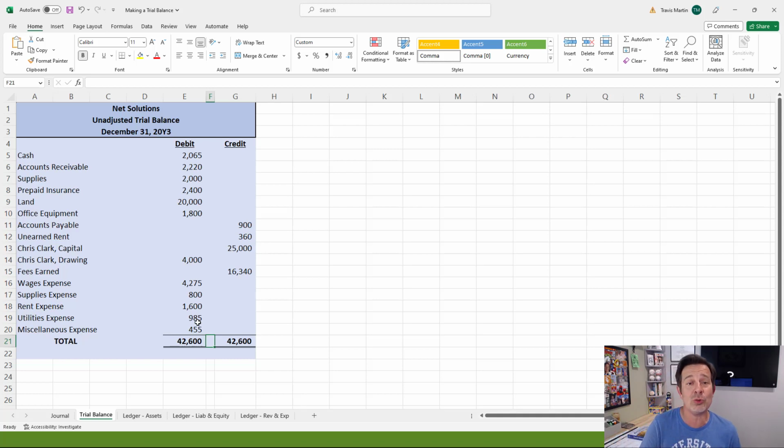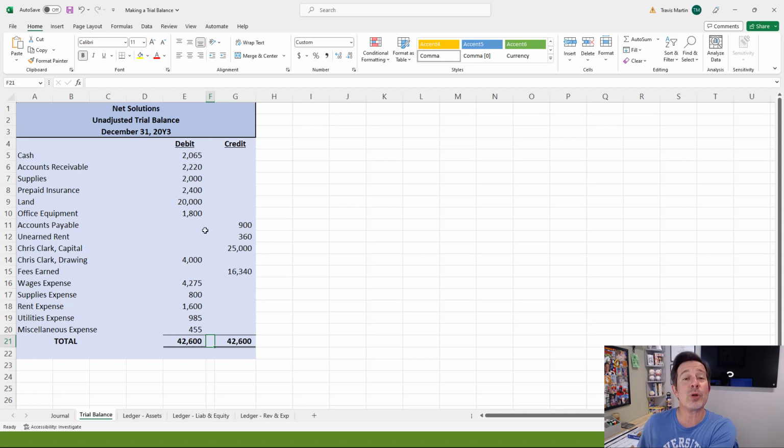And I have to do this step before I can do financial statements, before I can do the end of the month closing procedures, before I can do any of that. Because I can't do that stuff if I've messed something up and something isn't in balance. Okay? So, it's a checkpoint. The trial balance. We're trying to see if the accounting system is in balance. It's an important step. In this case, we're doing good.